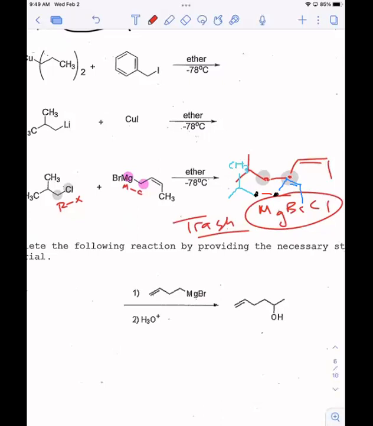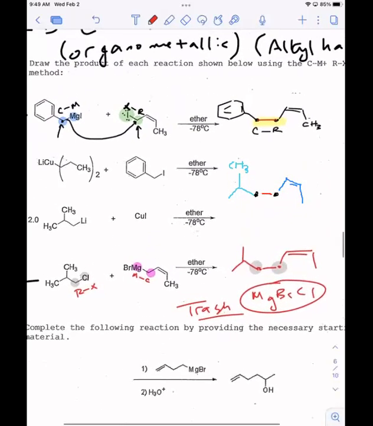Can you scroll back up to the first problem? So the R is the alkyl carbon, the carbon part of the alkyl halide. Yes.